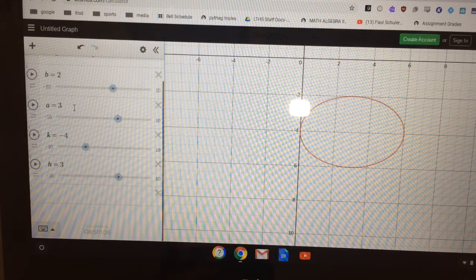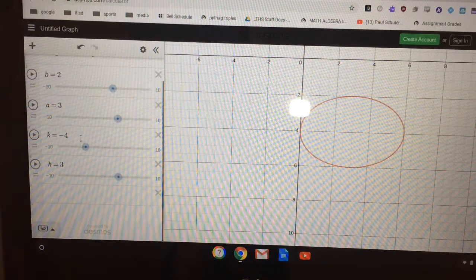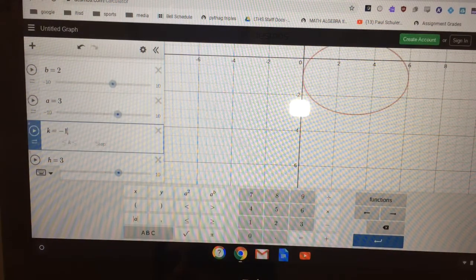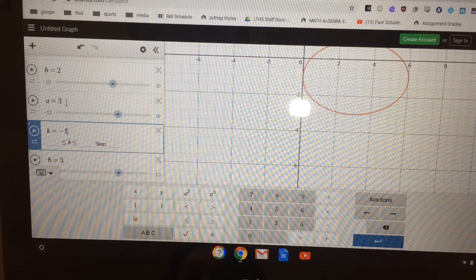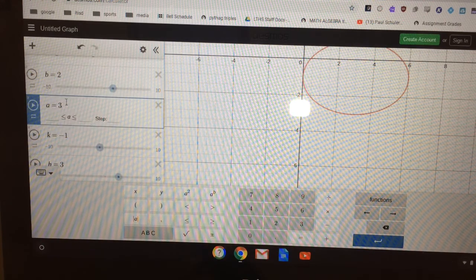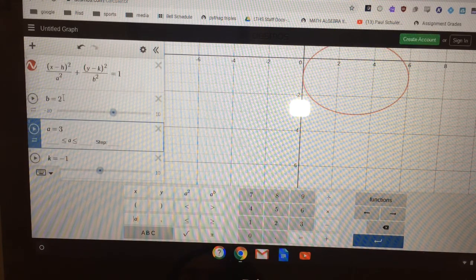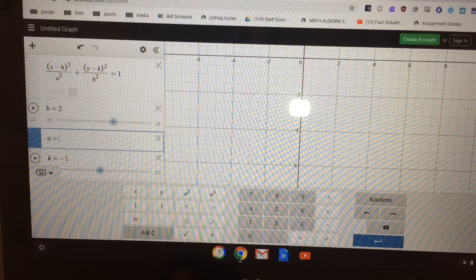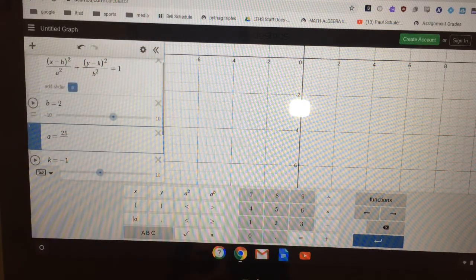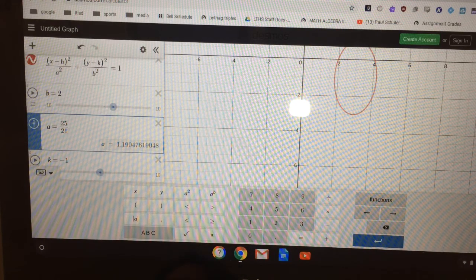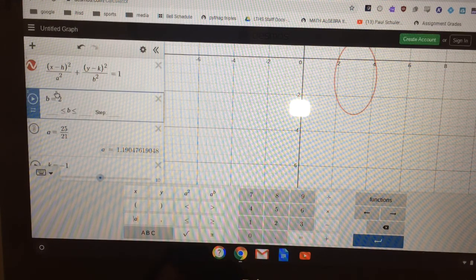My k is -1. My a, which really is my b here, the denominator of the first fraction, is, what did I say it was? 25 over 21. And then my b value is going to be 2.5.